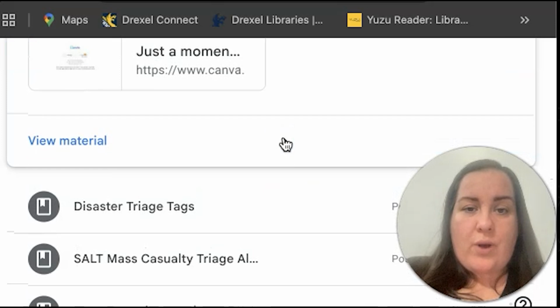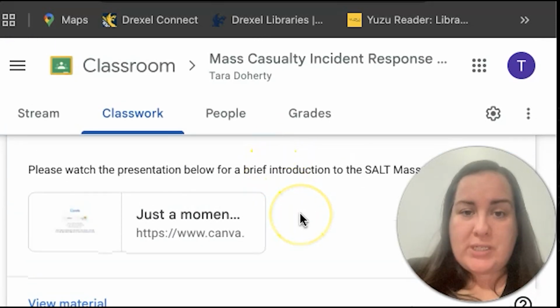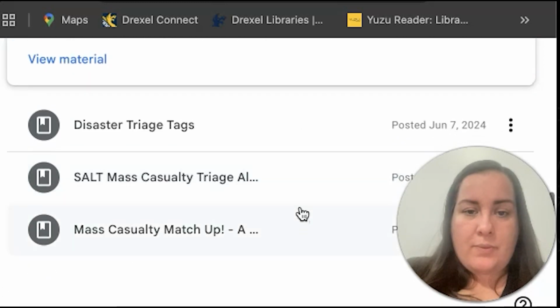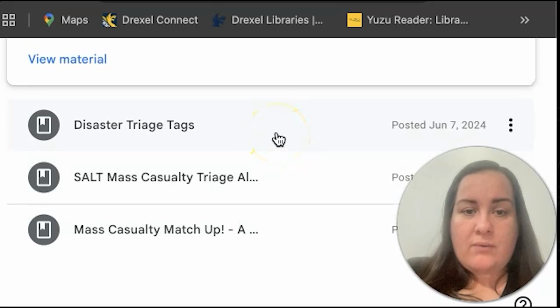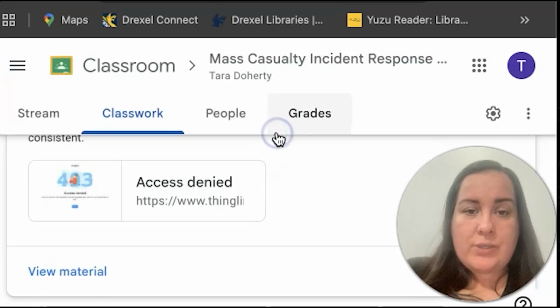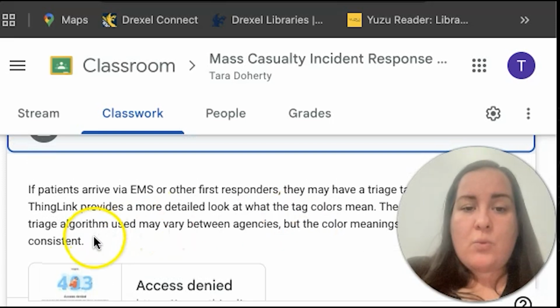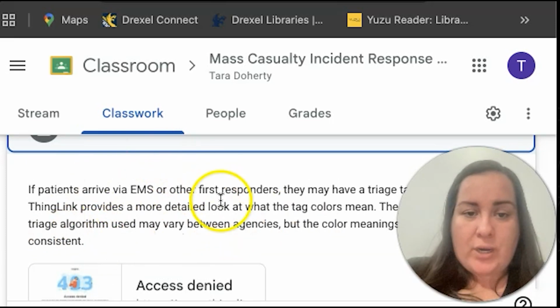There is also a lecture presentation, which was created by me, that the learner can listen to and look at. I also used ThingLink to create disaster triage tags, which they could click and see the different areas, which would expand on information.